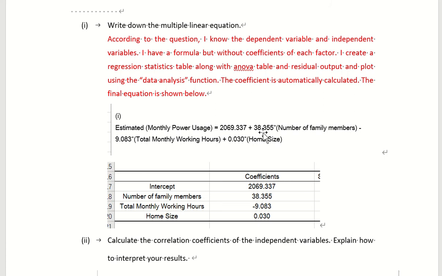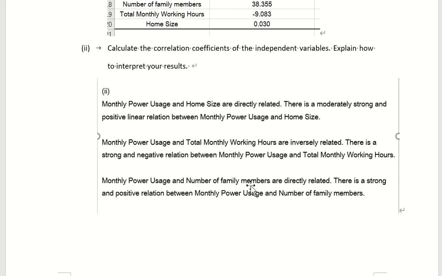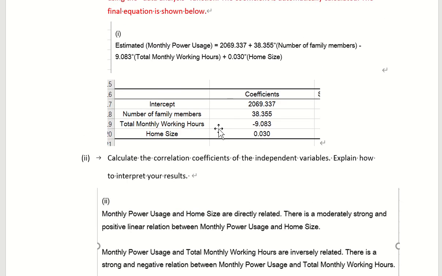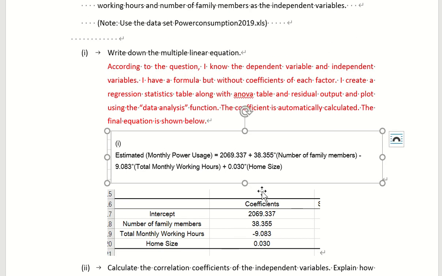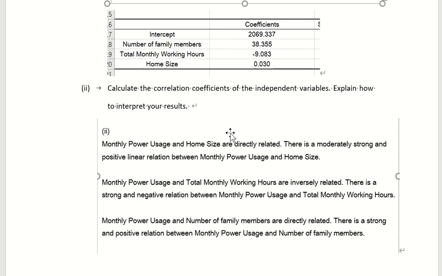Along with the regression statistics, another table and a residual table are also provided. This will be talked about in part three. And with the coefficients provided, I can have this formula.